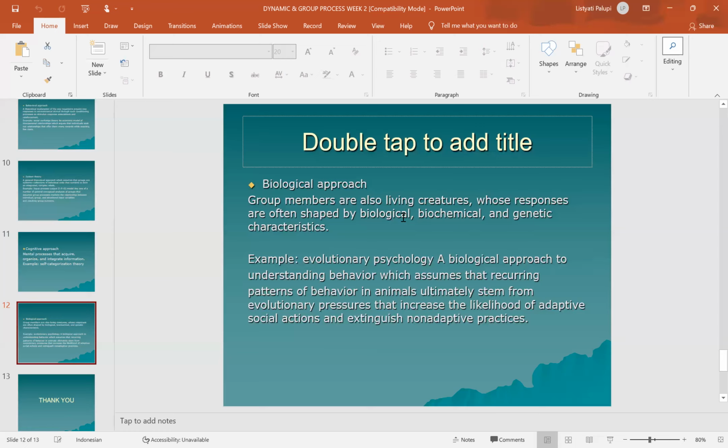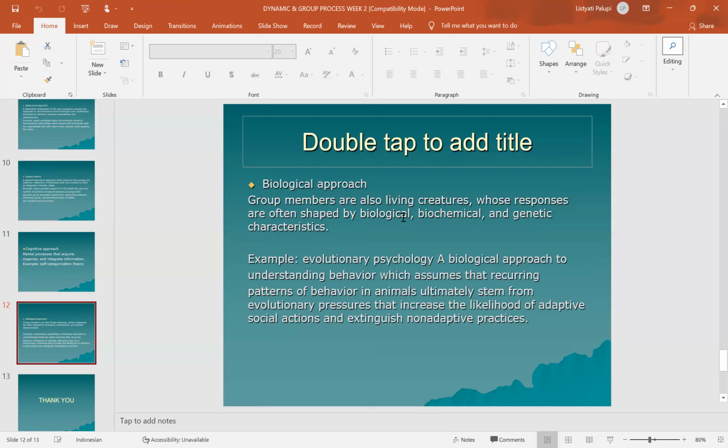Evolutionary psychology is a biological approach to understanding behavior, which assumes that recurring patterns of behavior in animals ultimately stem from evolutionary processes that increase the likelihood of adaptive social action and extinguish non-adaptive practices.